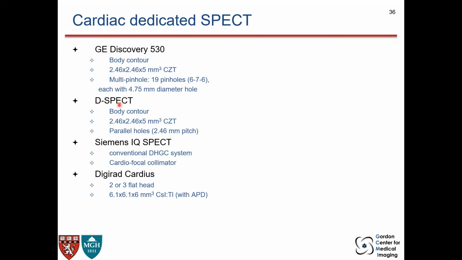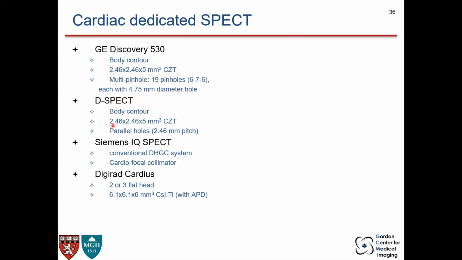These two use CZT, which is a semiconductor detector, instead of the conventional scintillator-based detectors. The design of both of them is body contouring, with the same pixel size. These two systems actually use the same detector from the same manufacturer. The first one, from GE, has multi-pinhole geometry in 3 rows and a hole diameter of 4.75 millimeters.